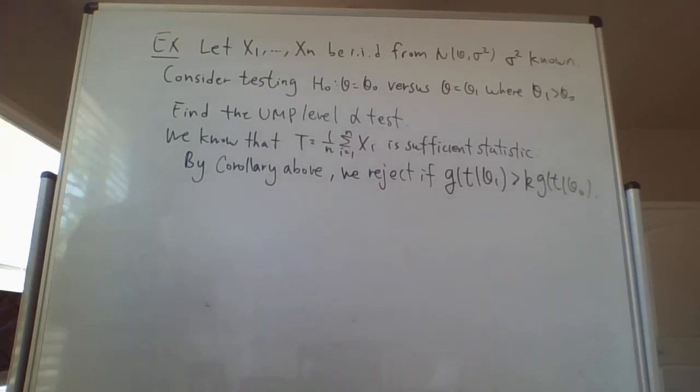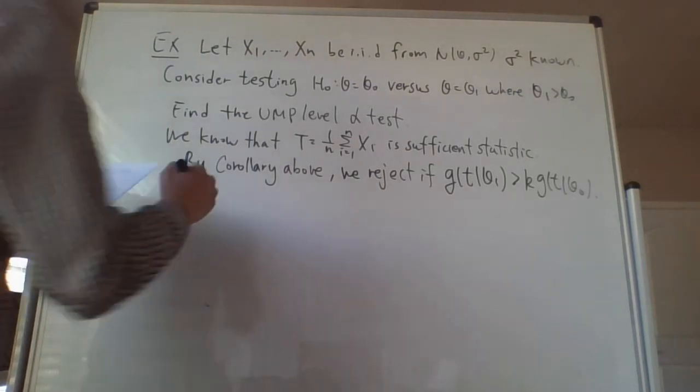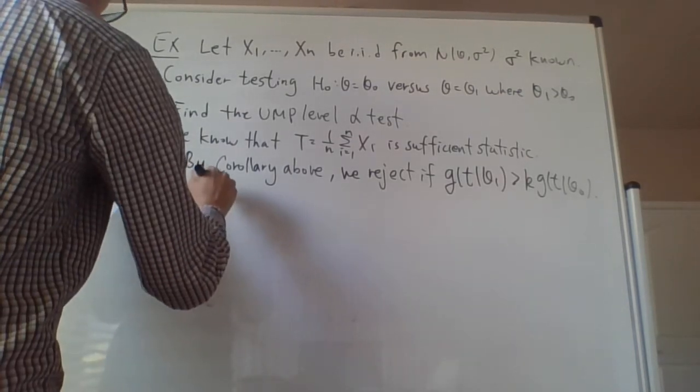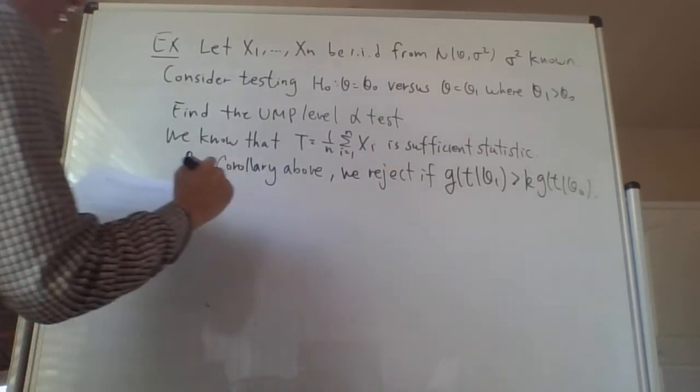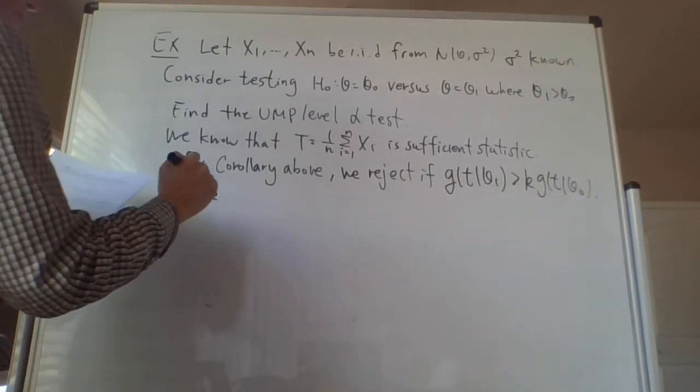So by the corollary above, we reject if the PDF based on the sufficient statistic under the alternative is greater than k times the PDF of the sufficient statistic under the null hypothesis. And we can easily find the PDF of the sample mean.